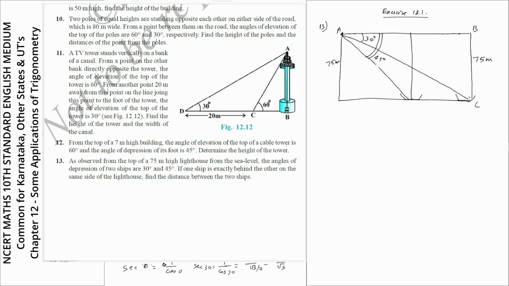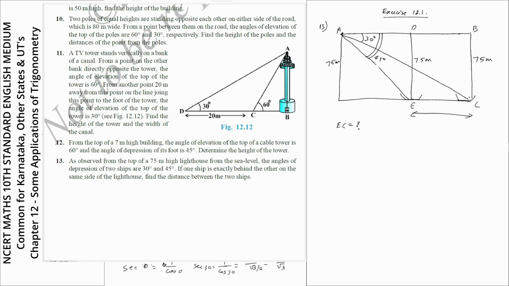I'll mark this as D, E. So D also will be equal to 75 meters. If one ship is exactly behind the other, find the distance between the two ships. So this distance I should find. What is EC? That's the question.